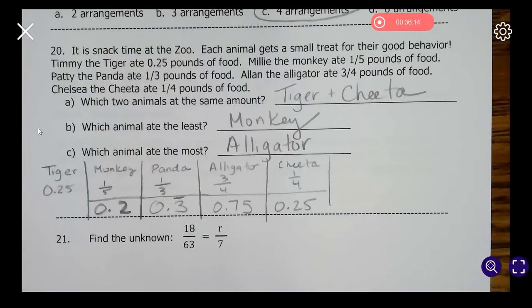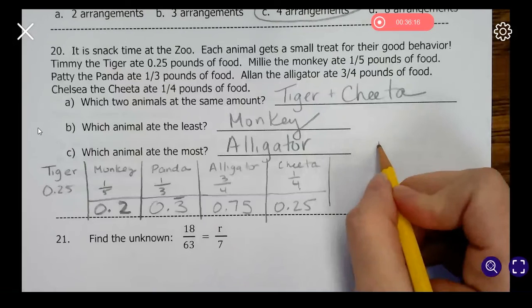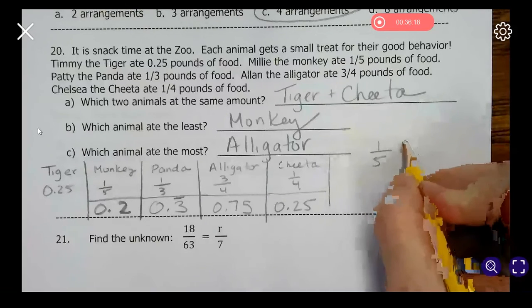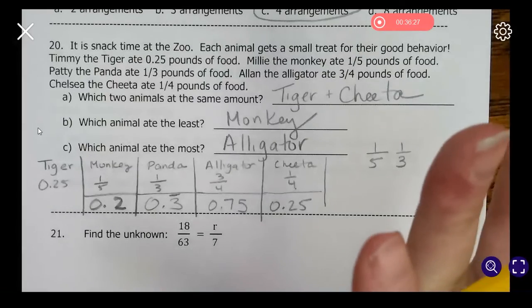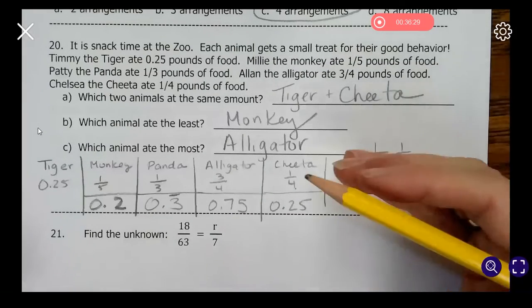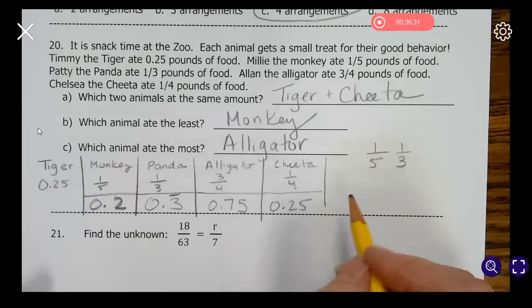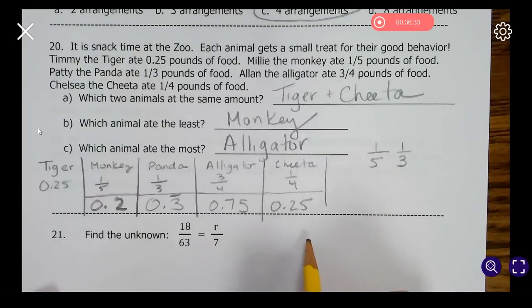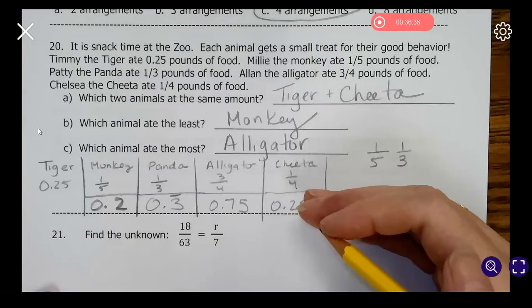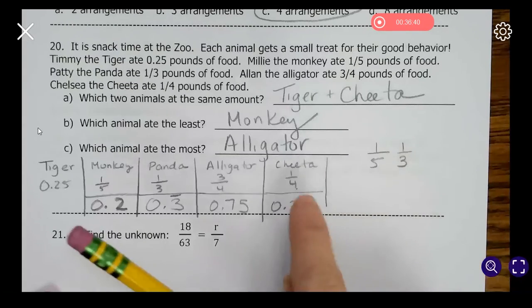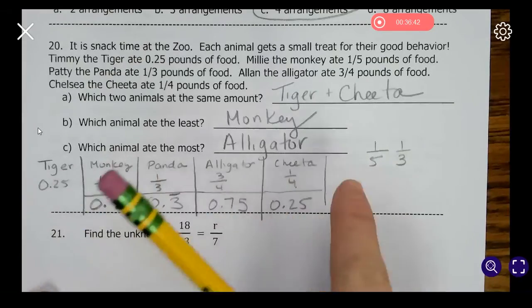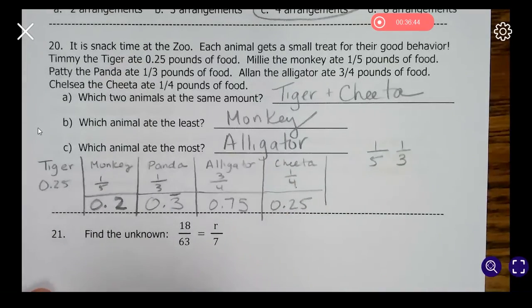Now, if you wanted to, you could always compare fractions by creating equivalent fractions or cross multiplying. That's fine. My thought process here is, if you have to compare multiple fractions in a situation like this, it is easier to create decimals, okay?